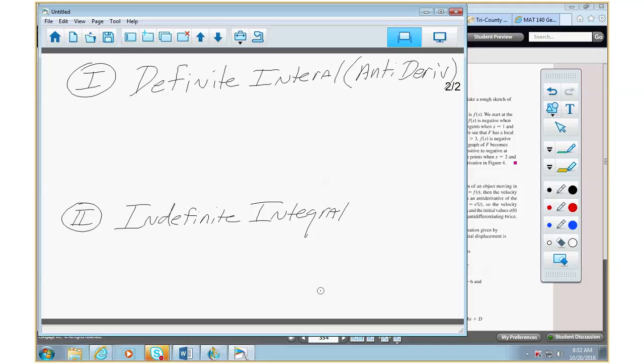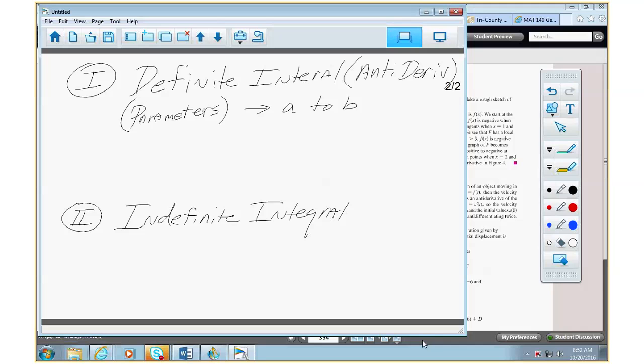The indefinite integral, this one you have parameters. I don't know why this thing is not writing correctly. The parameters for a definite integral is a to b. And I'll explain that here in just a minute.